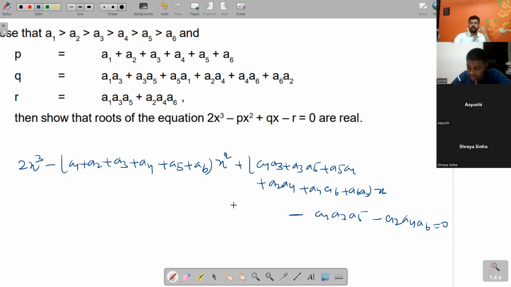Now do one thing. Just separate terms. How? See, this is 2x cube. So take 1x cube, and then you have A1 into A3 into A5.